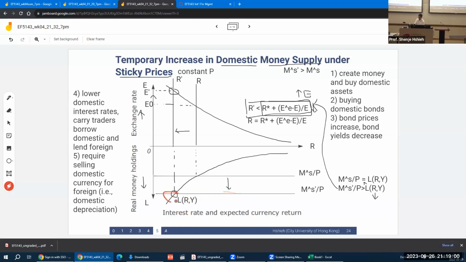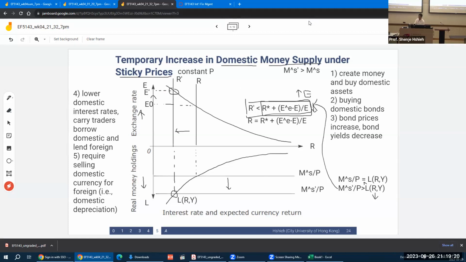Lower means a lower equilibrium intersection point, and therefore a lower interest rate. Lower interest rate now intersects the UIP line at a higher value than before, and therefore our equilibrium E is here. Yes? So that's the graphical analysis.